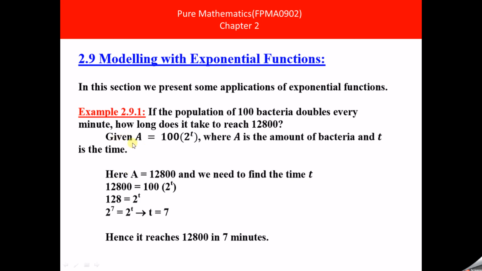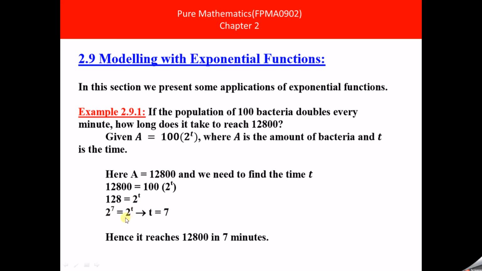If you put A equal to 12,800 on the left hand side of this equation, 12,800 is equal to 100 times 2 power t. Now cancelling 100 on both sides, 128 is equal to 2 power t. The right hand side is 2 power t, so the left hand side 128 we also try to write as a power of 2. We observe 128 is 2 power 7. Therefore 2 power 7 is equal to 2 power t.